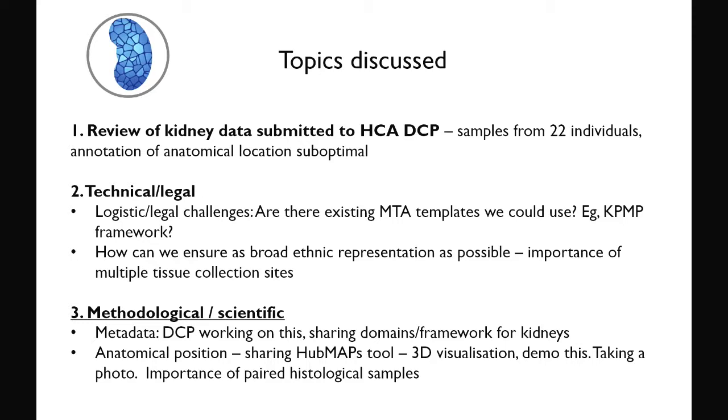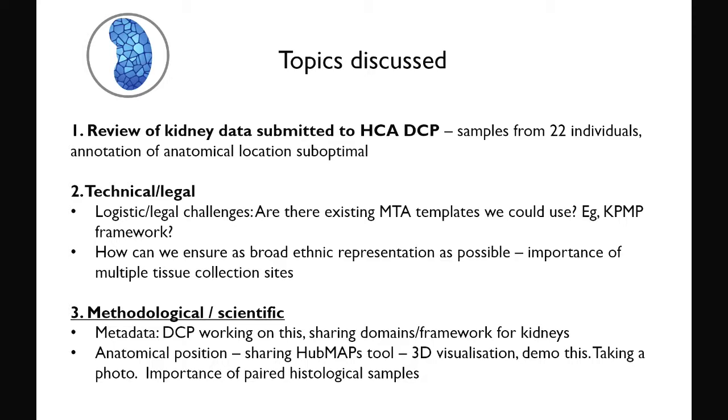The really mundane thing that's currently holding up those sorts of studies is of course MTAs between institutions, because this will involve multiple MTAs between different institutions. We discussed there might be a number of ways of overcoming that, and one of those would be to upfront now perhaps try and set up MTAs for the Atlas project, so that there was a single MTA.